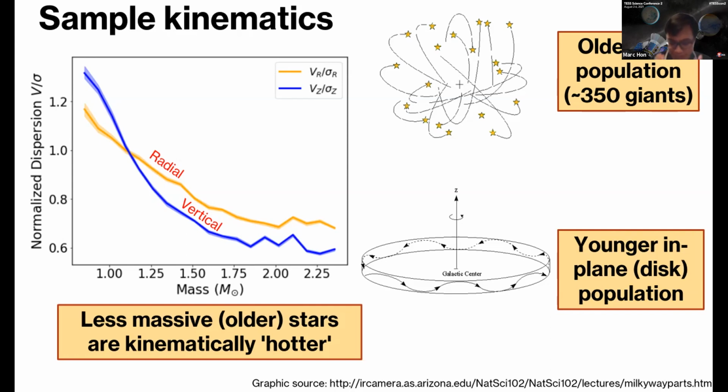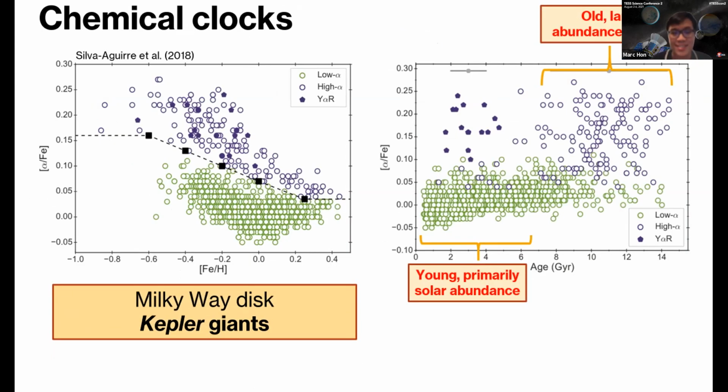So finally, we validate our results by looking at chemical patterns, where we appeal to the well-known alpha abundance versus metallicity plot, where the idea here is that within the solar neighborhood, stars that are young would have a very small scatter in their alpha abundances. It would be about solar, whereas the older stars in the solar neighborhood would have a much larger scatter in their alpha abundances.